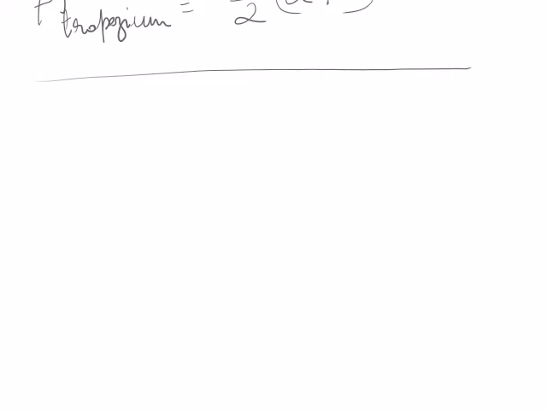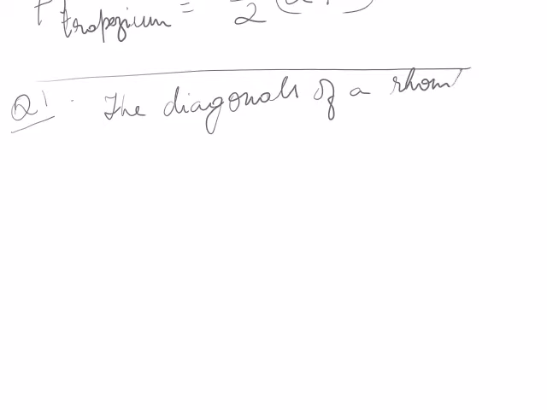Now, the diagonals of a rhombus, question 1. The diagonals of a rhombus. What do we denote them with? We denote them by D1, D2. You remember?